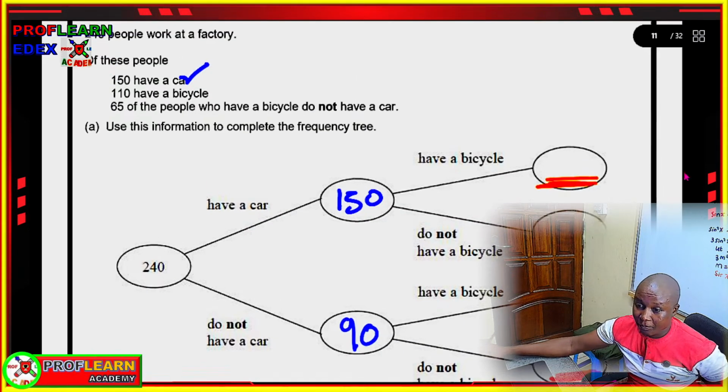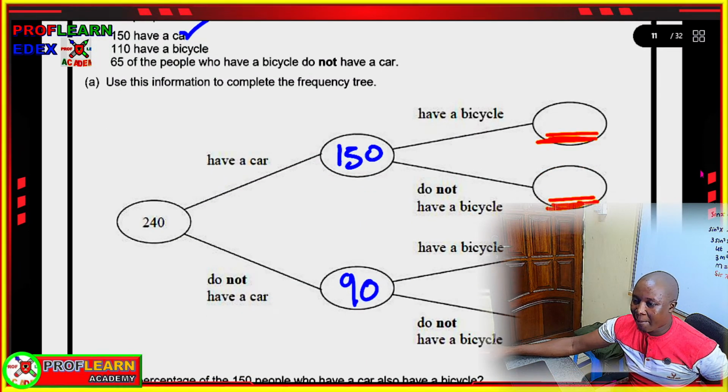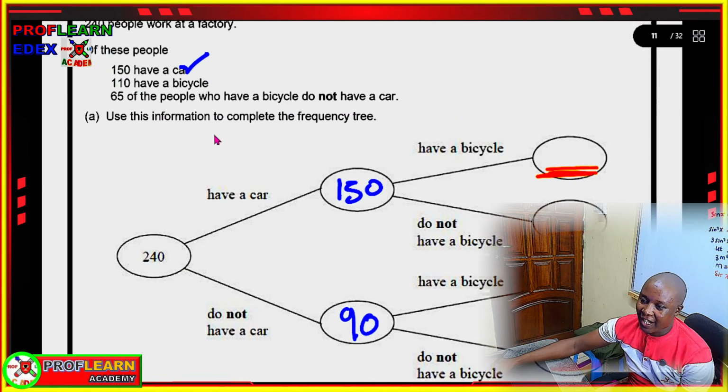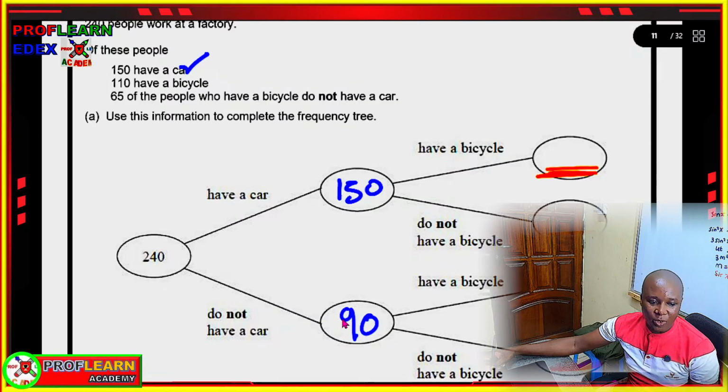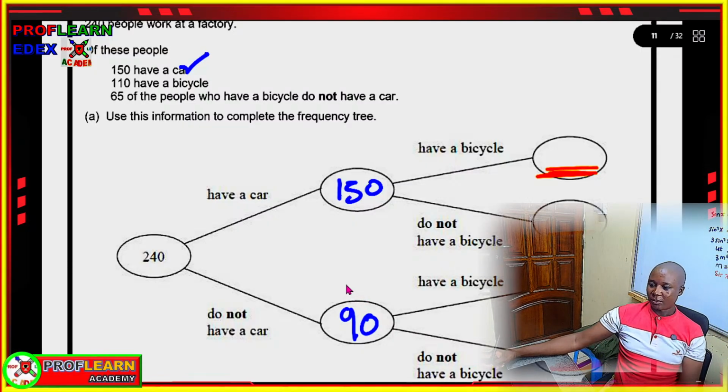Because we are told that 65 of the people do not have a bicycle, do not have a car. Where are we going to rate these people? For part A, I'm just waiting for you guys to tell me.